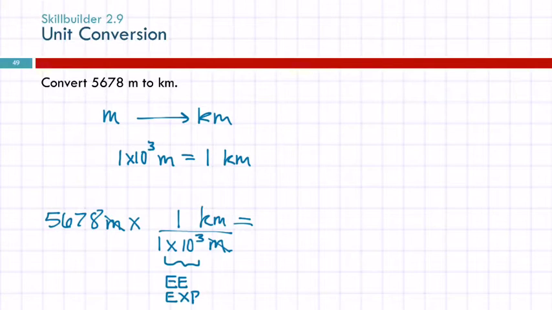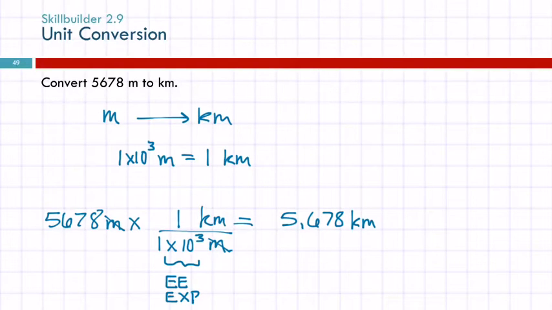Divided by 1, EE 3. And so I end up with 5.678 kilometers. There's no remembering which way do I move the decimal point. You follow the steps and it always works out. It's a beautiful, beautiful thing.